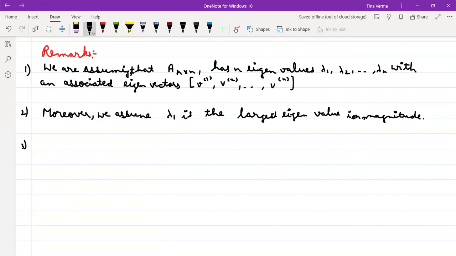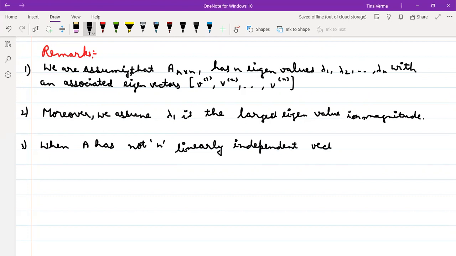Third, suppose A does not have n linearly independent vectors, right?